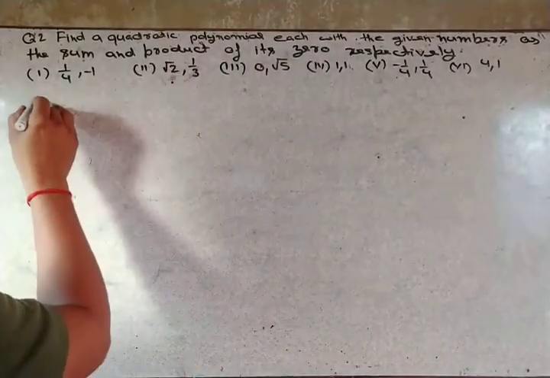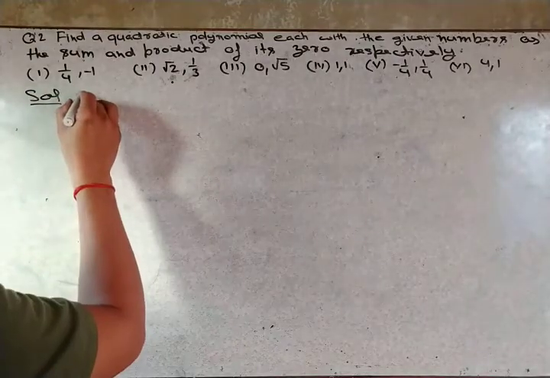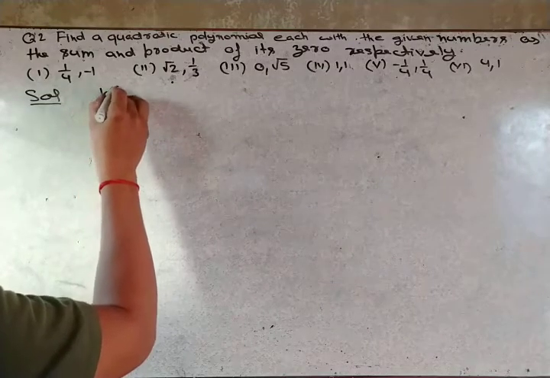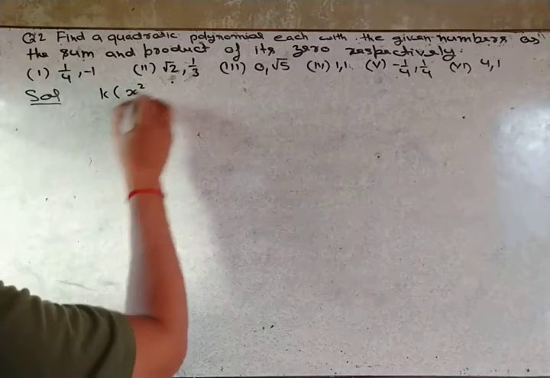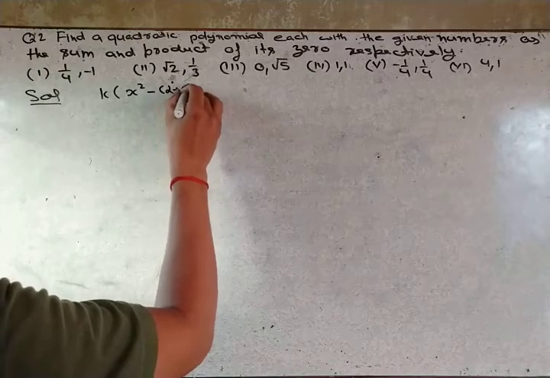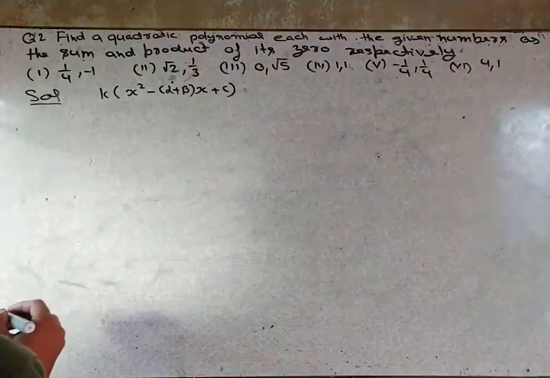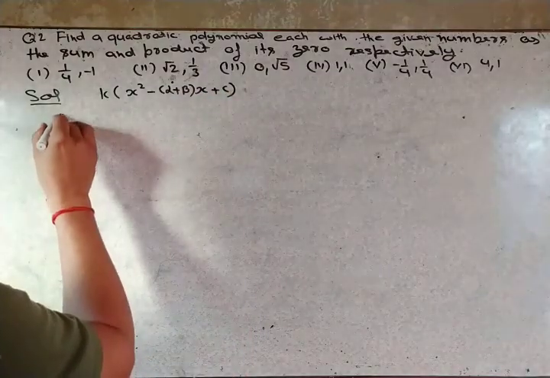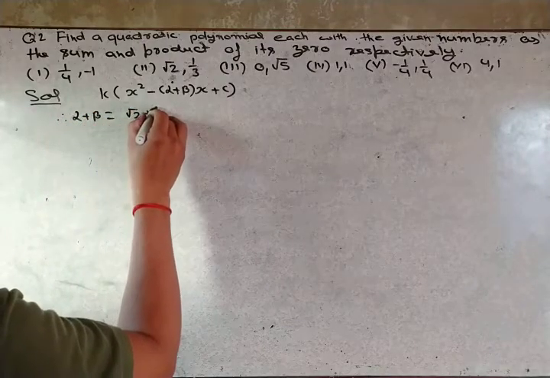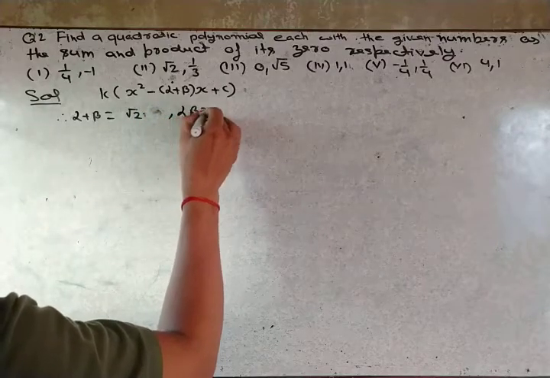So second question. We know alpha beta. So the required polynomial is k x square minus alpha plus beta, meaning the sum of the roots, x plus the product. This is a general form of the equation, and we know alpha plus beta here is root 2 and alpha beta is 1 by 3.